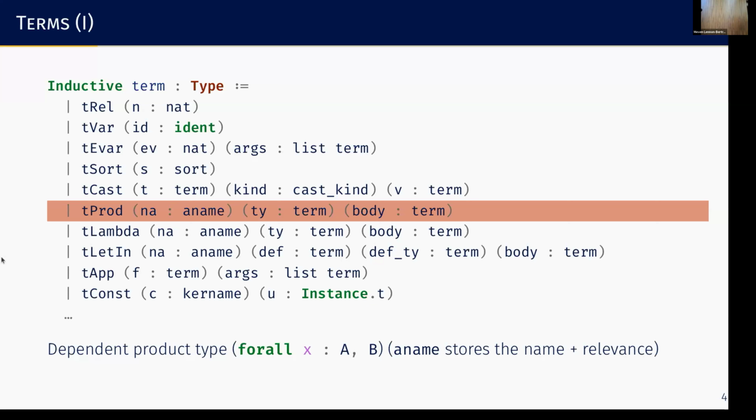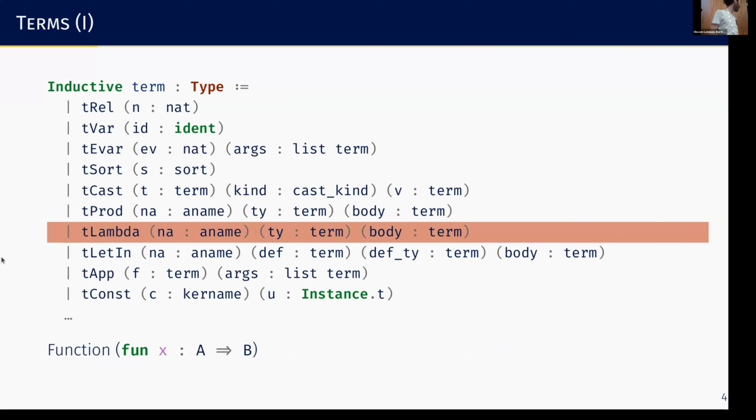So a bunch of things in there. You don't really have to think about it too much. But whenever we have a binding position, we always have one of these aname that is going to store this binding information. So at the binding site and not at the variable site. That way all variables will share this information.